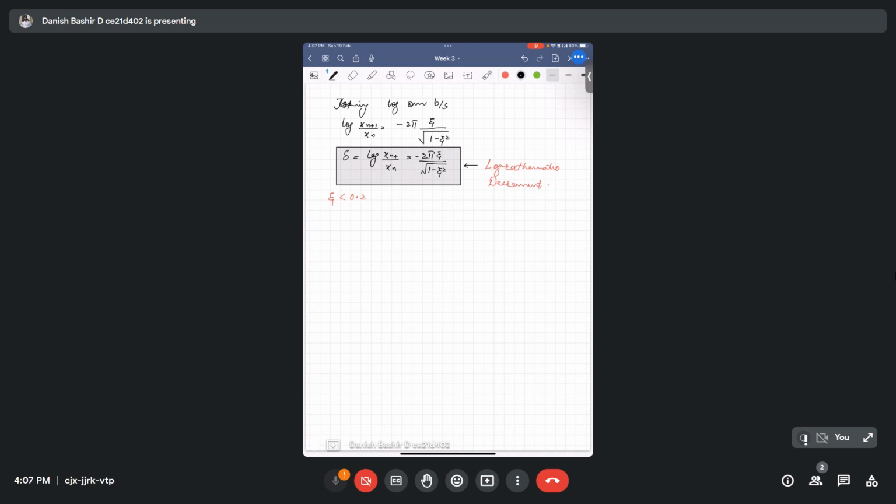We can take root under 1 minus theta square approximately equal to 1. When we put it in the above equation, delta will be simplified to ln xn divided by xn plus 1, and the minus will be cancelled from both sides. We will get 2 pi theta.